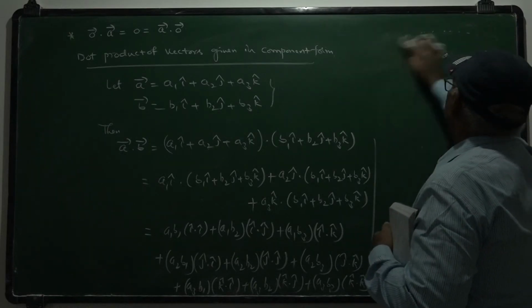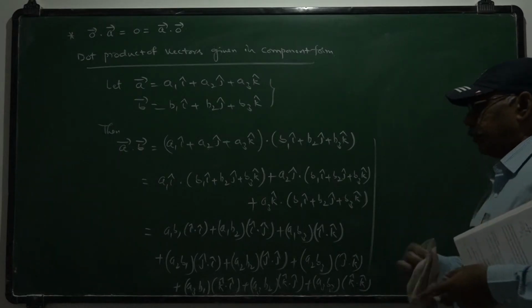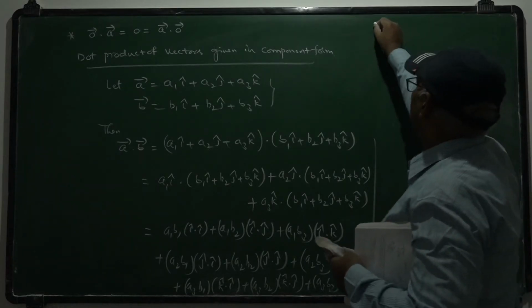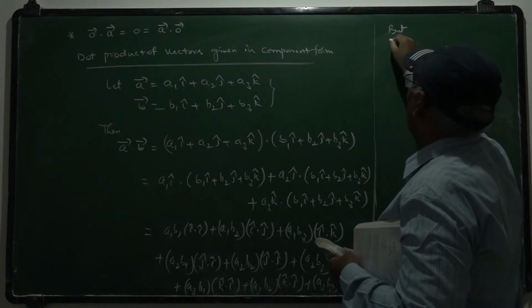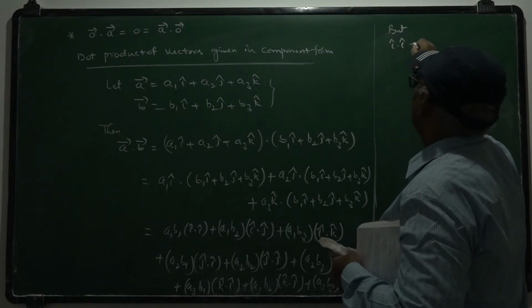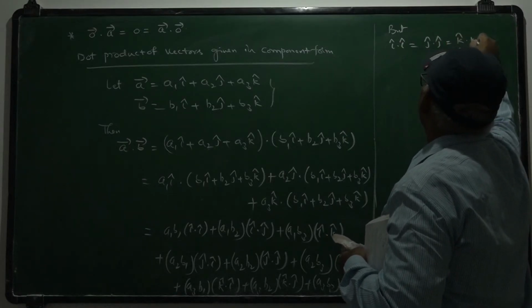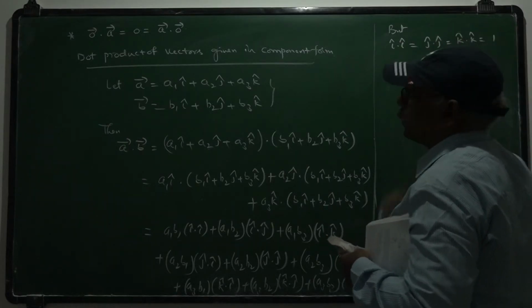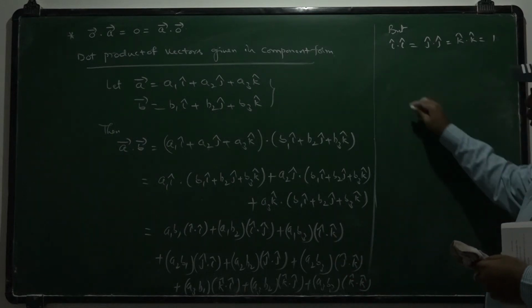Now on simplification, we get I dot I equal to J dot J equal to K dot K, which is always equal to 1, because these are all unit vectors.